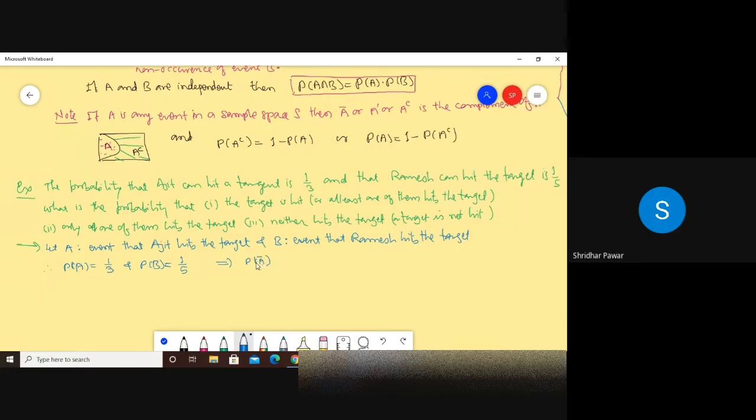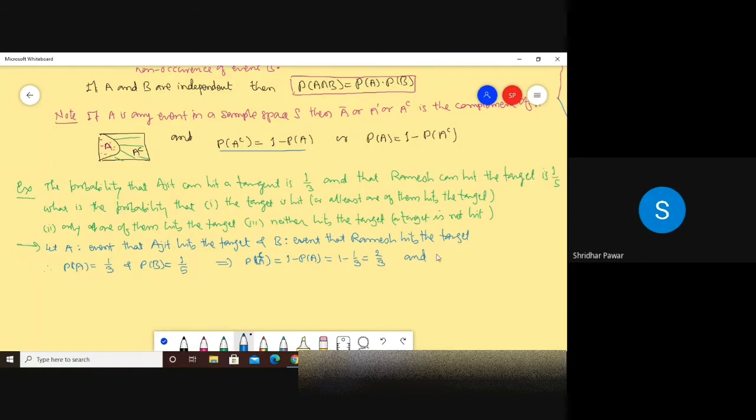तुम्हाला असं विचारलं मी की अजित हिट्स द टार्गेट इज 1/3, तर A कॉम्प्लिमेंट म्हणजे काय? A कॉम्प्लिमेंट म्हणजे अजित डज नॉट हिट्स द टार्गेट. See here, P of A complement is 1 minus P of A, right? So this is equal to 1 minus 1/3, that means 2/3.